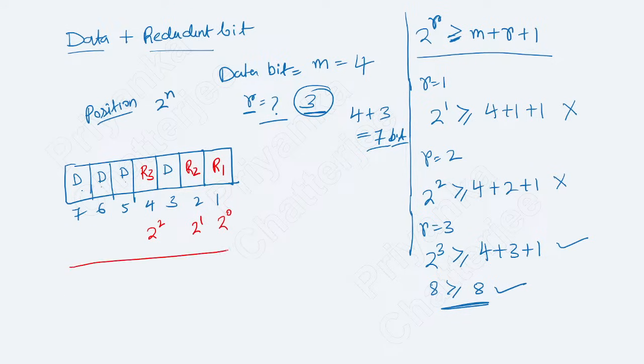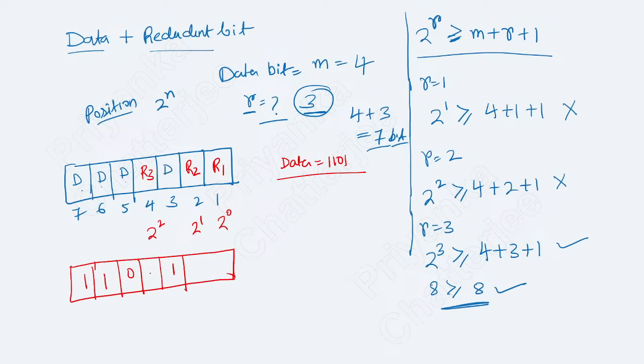If my data is given as 1101, I will put the values 1 1 0 and 1 in those positions, because these are the R3 and R2 positions. These are the positions: 7 6 5 4 3 2 1.